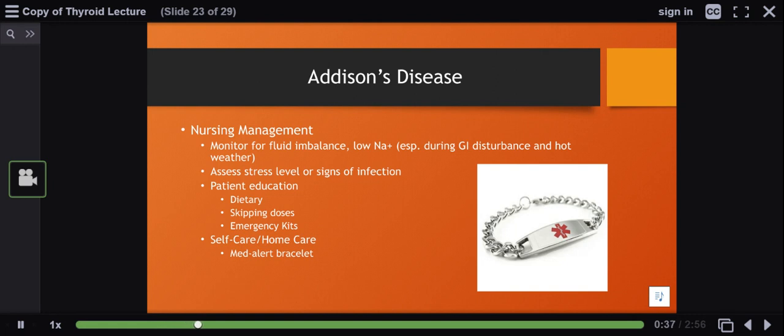We would talk to the client about avoiding humid weather, but if they were put in an instance where they were in humid weather or having excessive sweating, we would want to educate the client to increase fluid intake and also choose foods that are high in sodium to help prevent hypovolemia and hyponatremia from occurring.